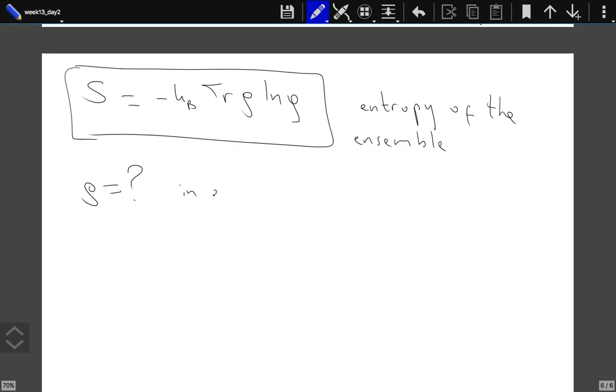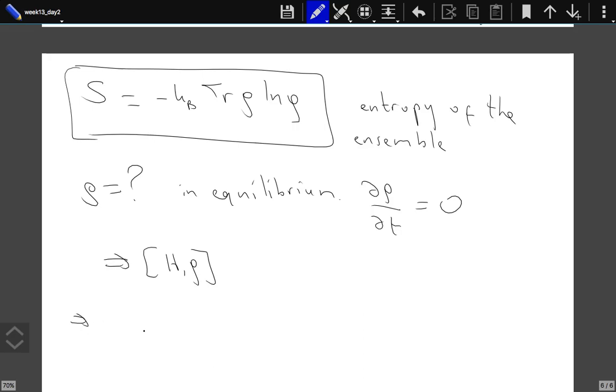In equilibrium, the density matrix is not changing with time. So if it's not changing with time, it just means that H and rho commute, so I can diagonalize them at the same time. Rho will be a diagonal matrix in the energy basis.